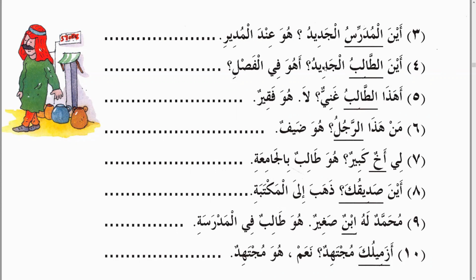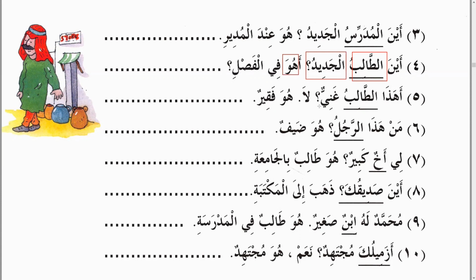Aina Tullabul Jududu. Where are the new students? Ahuwa fil fasli, so we'll say Ahum fil fasli. Are they in the class? We'll change this word and this word, and the rest all remains the same. We can change the fasl also to fusul, but that's not required.